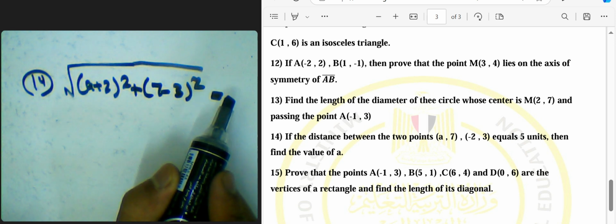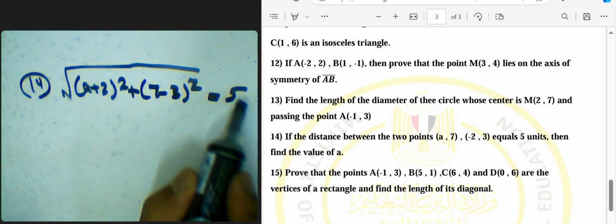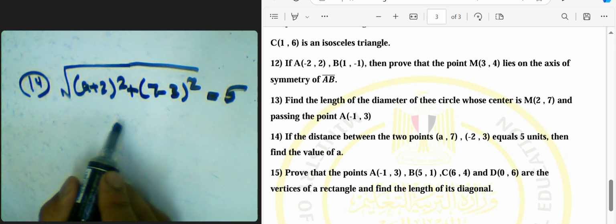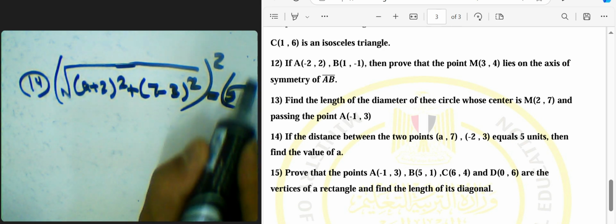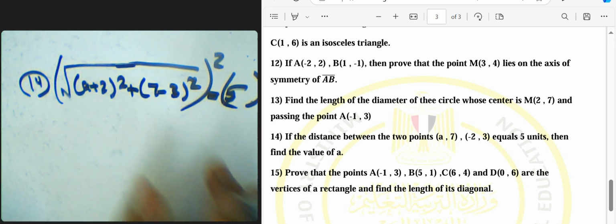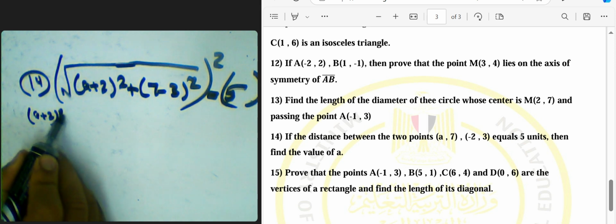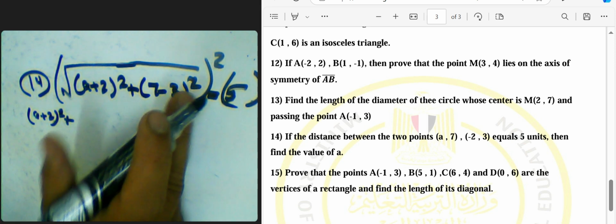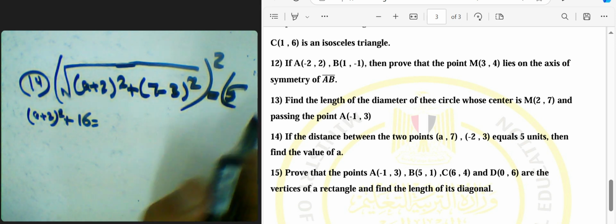The result will be 5 units. So we can write left hand side power 2 and right hand side power 2. Then we can cancel the square root with the power 2 from both sides. Then the result will be (A plus 2) power 2 plus (7 minus 3) power 2, 4 power 2 equals 16. And 5 power 2, it will be 25.